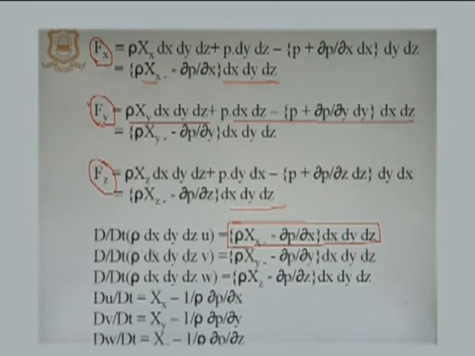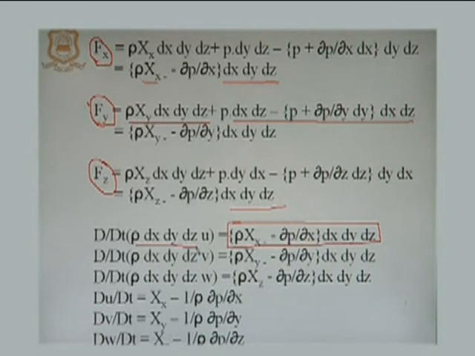For a control mass, the mass of this fluid element enclosed in the parallelepiped remains the same, which is equal to dx dy dz multiplied by rho.